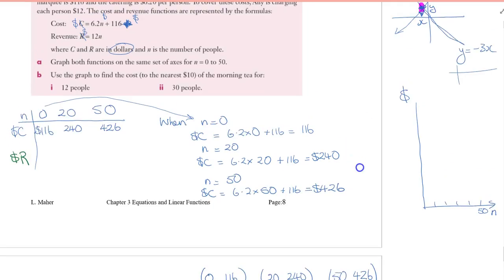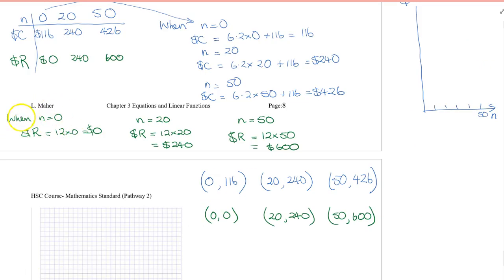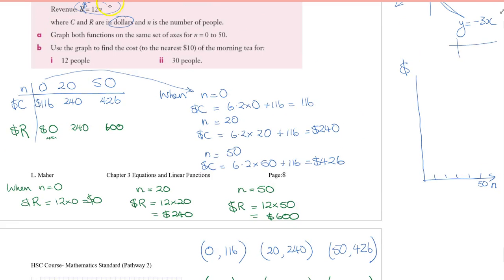To get the points that I need to plot, I will be using this formula. So you can see here I've done my calculations in green, considering when N is 0 and I want to fill in this space here. To do that, I use the equation 12 times N, and if you've forgotten it, it came from there.